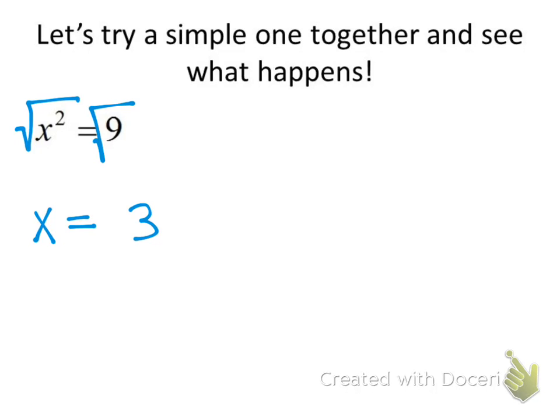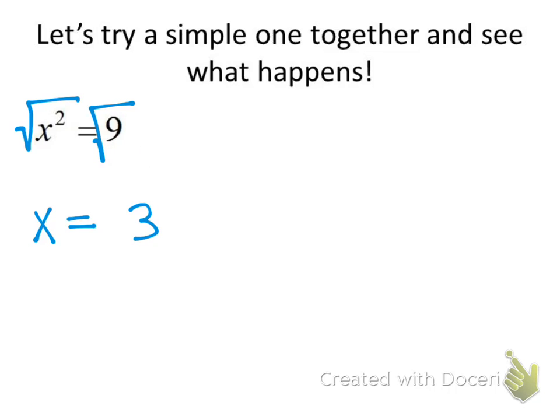Think back to our warm-up though. Is there another number you could plug in here, square it, and still get a positive 9? Is positive 3 the only number that you can square and get positive 9? Yeah, if you put a negative 3 in there, negative 3 times negative 3 is still positive 9, right?